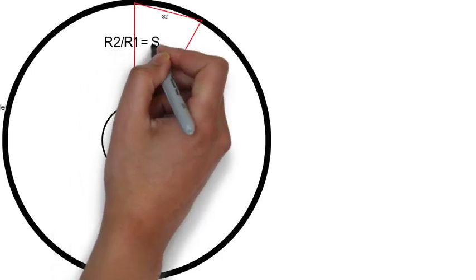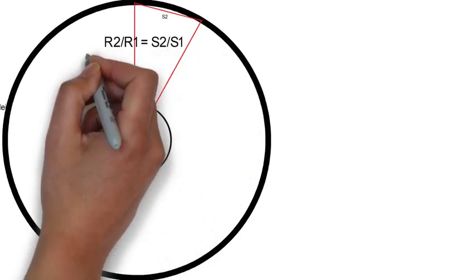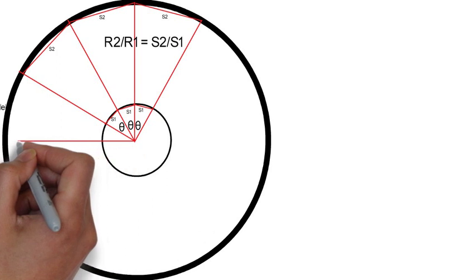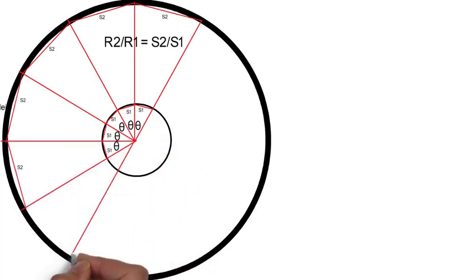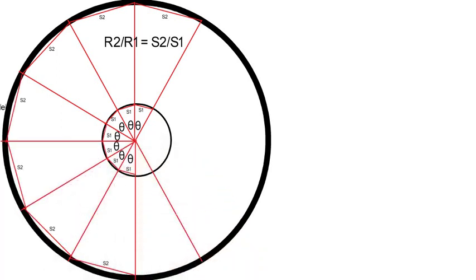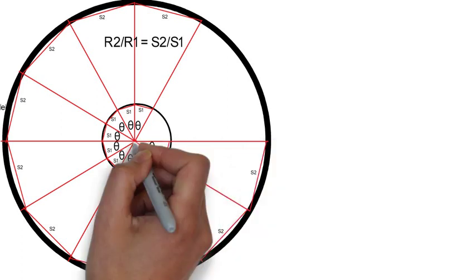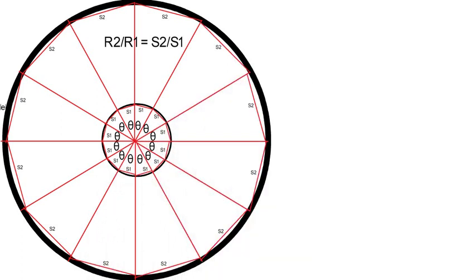Let us return back to our original diagram of the two circles. We divide those two circles into multiple sectors, each with a central angle theta. Now both circle 1 and circle 2 have regular polygons of sides S1 and S2 respectively inside them.